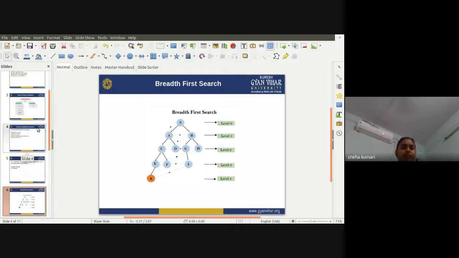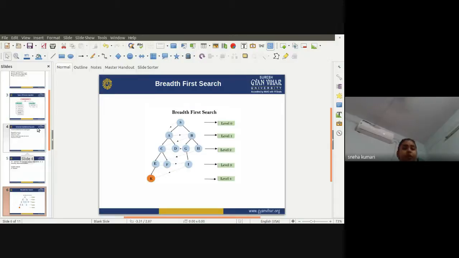These are some examples of uninformed search. We will only go through breadth first search and depth first search, because only these two searching techniques are in our syllabus.